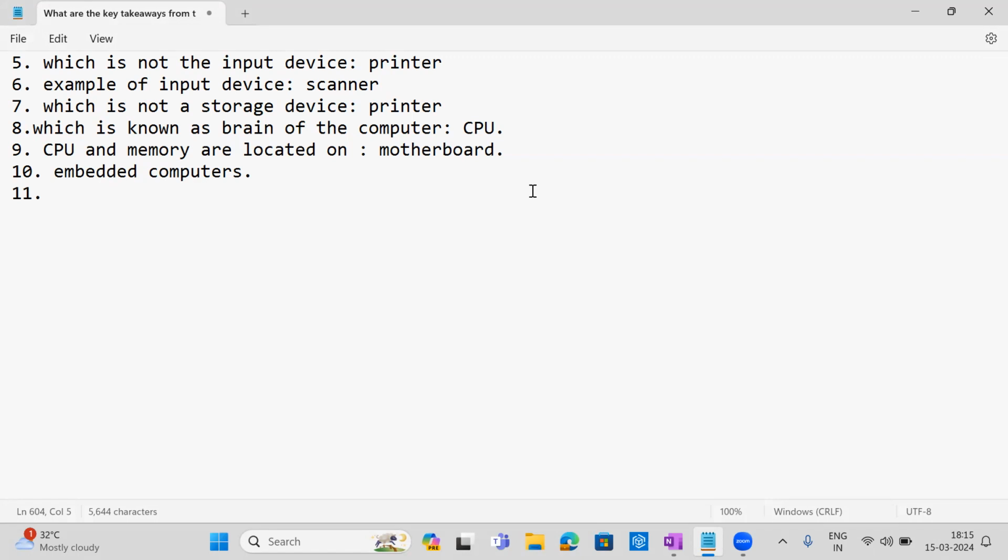Which of the following devices can be processed to directly image printed text?